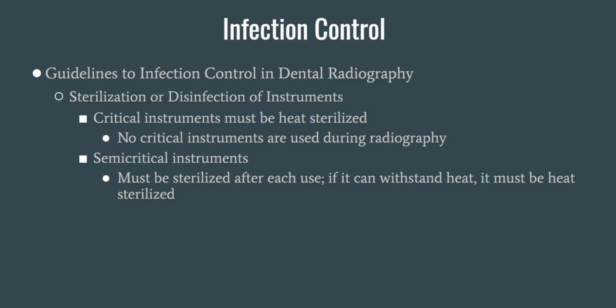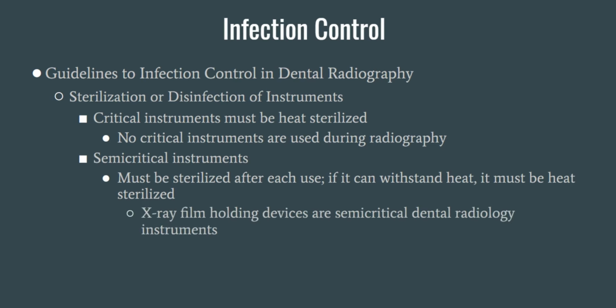If it can't, then it's got to be sterilized in the proper level of disinfecting solution for a proper amount of time. An example of this for radiology would be X-ray film holding devices. They go into the patient's mouth, so they come in contact with tissue, saliva, and teeth. They don't penetrate any bone, they don't penetrate soft tissue, so it's a semi-critical instrument.